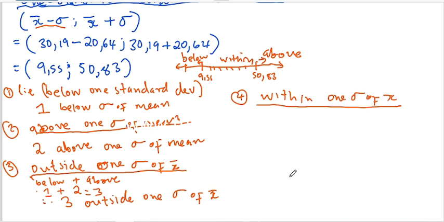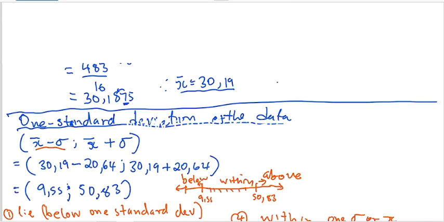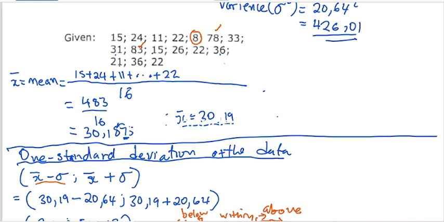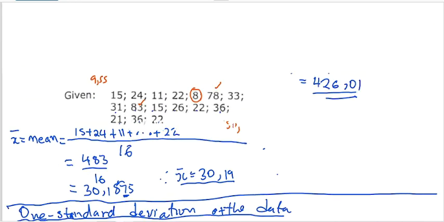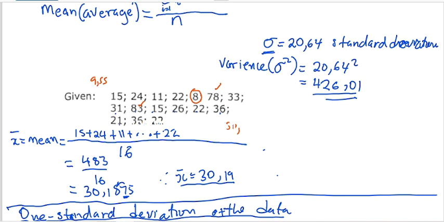Let's go and count them. They are above 9,55 and they must be below 50,83.